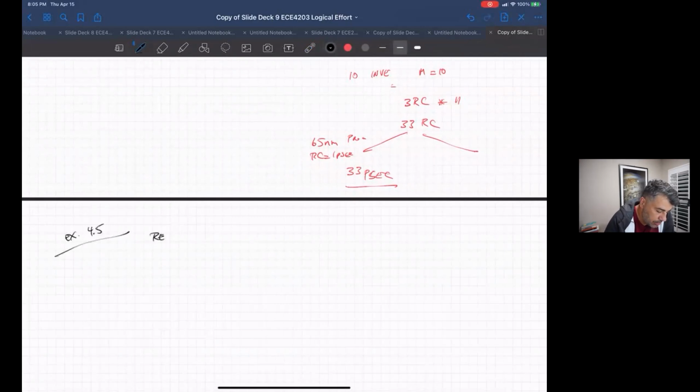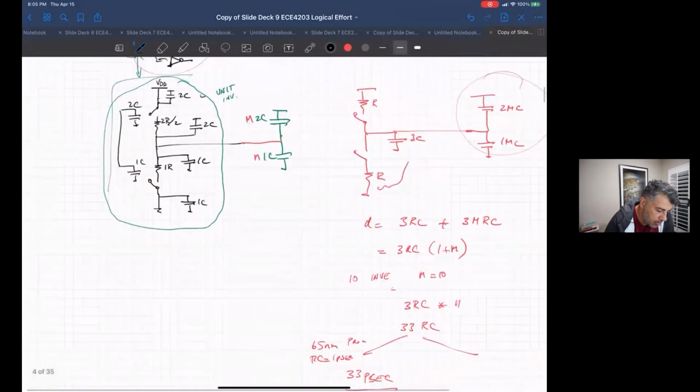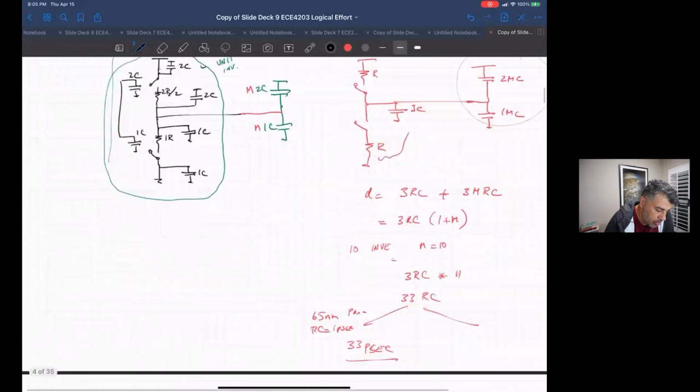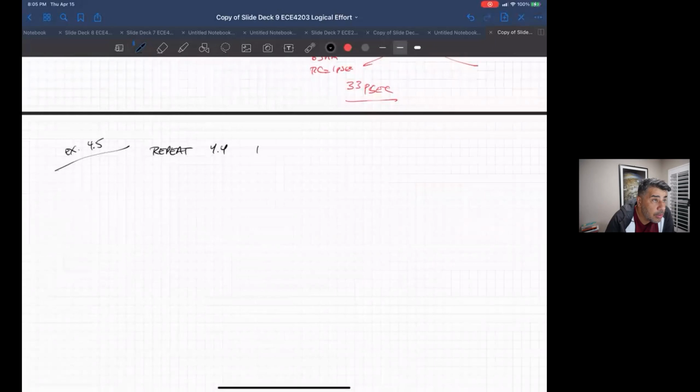Repeat 4.4, an inverter driving M other unit inverters, but if the driver is W times wider than a unit inverter.